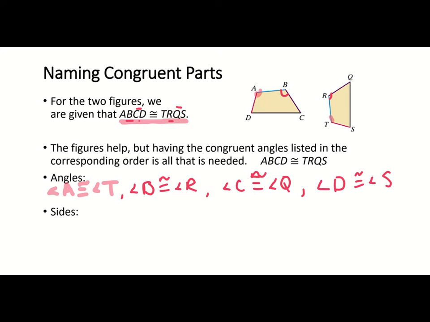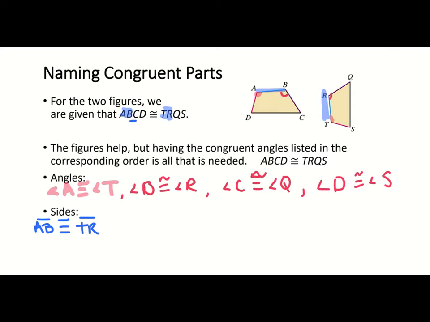Now sides, this is nice too because it makes it a little easier to figure out your sides as well. AB, which is blue here, corresponds to TR, which is also blue there. So AB is congruent to TR. It's nice when they name it because it helps keep the order of the segments in the right order too.